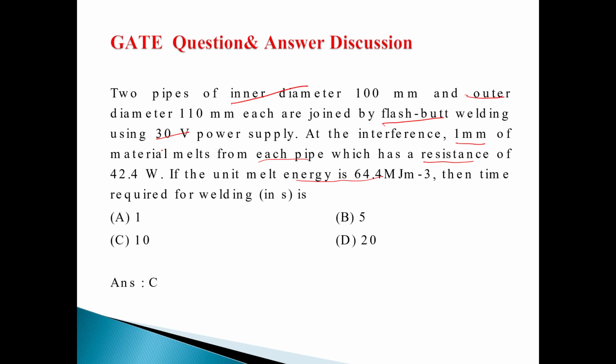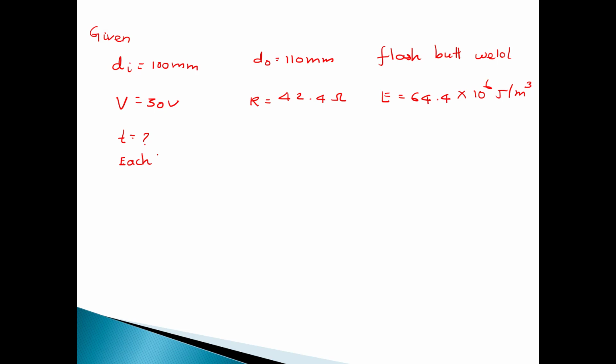At the interface, 1 mm of material melts from each pipe, so each side 1 mm, and totally 2 pipes.